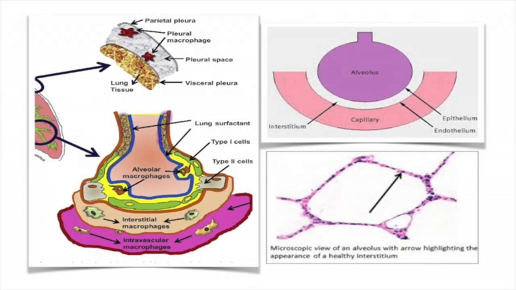And there we see the pictorial depiction of the interstitium. The bottom slide is a section of the normal lung, and that is ideally what the normal section of lung should appear: nice and thin.